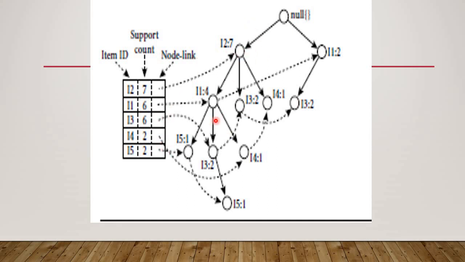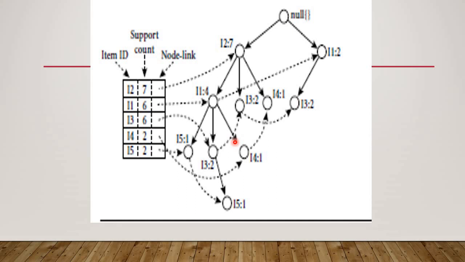Now what if I have multiple paths? For example, I5 is present through multiple paths, and let me say I4. Let me consider I5 and I4. So I have to find out the conditional pattern base and the frequent pattern for every item, that is I5 and I4, that is present in the tree.